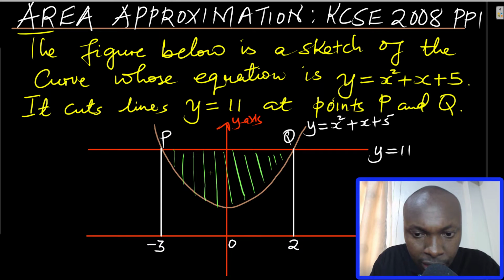To get the shaded area, that is the area bounded by the curve y is equals to x squared plus x plus 5 and the line y is equals to 11, we shall need to find the area under the line y is equals to 11 between x is equals to -3 and x is equals to 2. Then we subtract the area under the curve between x is equals to -3 and x is equals to 2. That is what will give us the area bounded by that line and the curve.